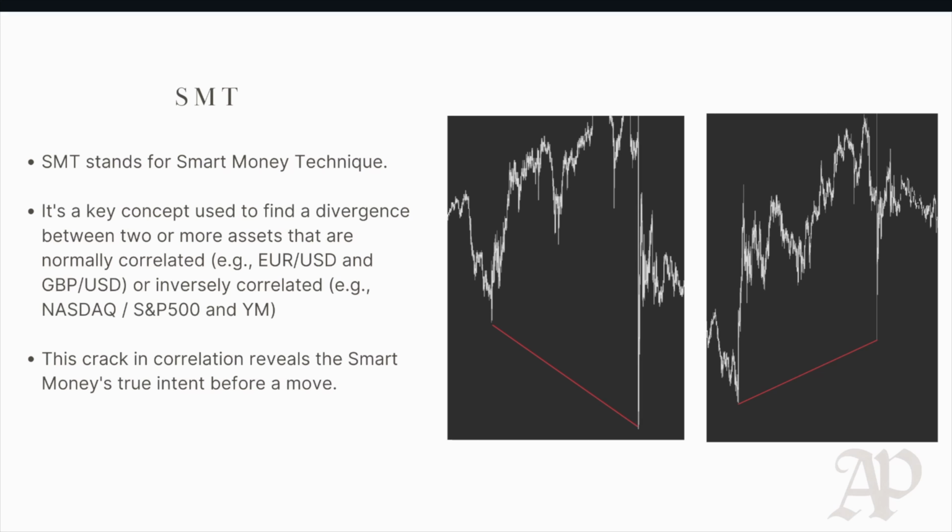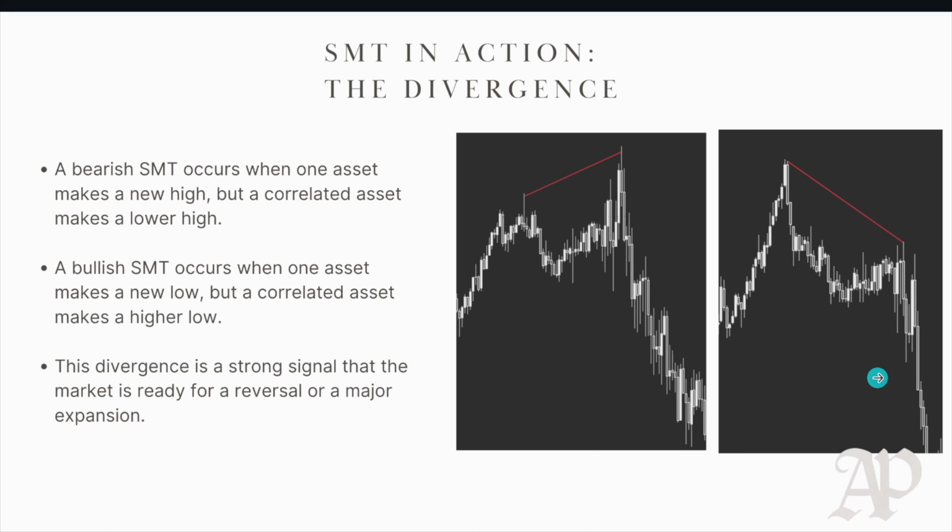When they don't move the same way, it's the smart money showing its true hand, so what you need to be looking for is divergence.